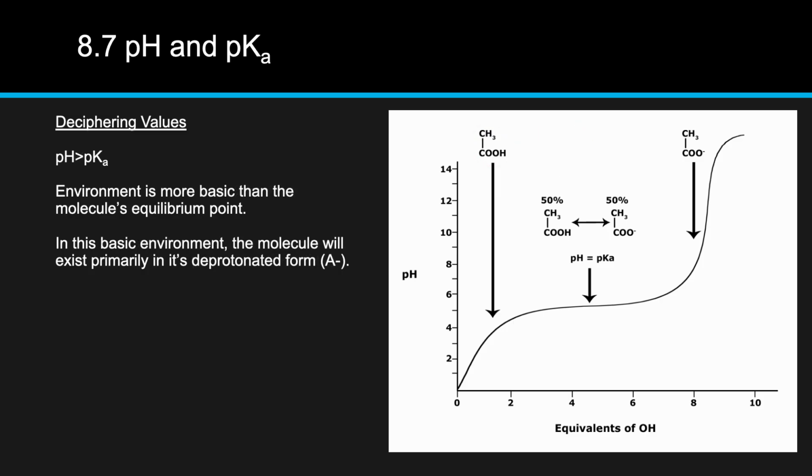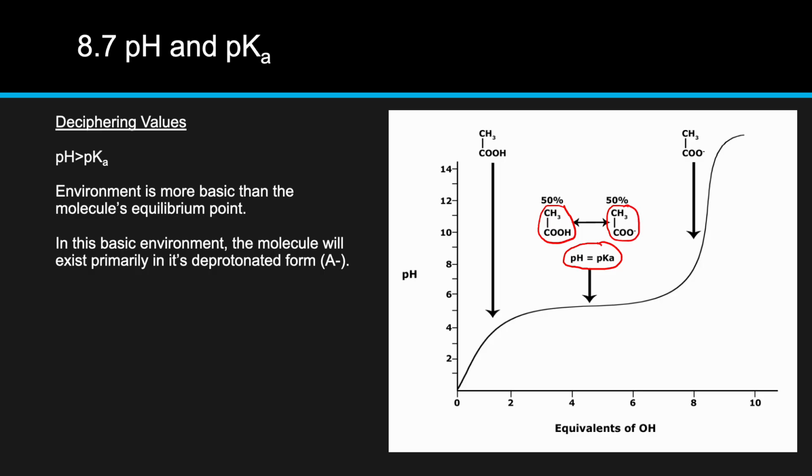Now we talk about our half equivalence point where pH is equal to pKa. And remember, in this region, our concentration of acid is equal to our concentration of conjugate base.